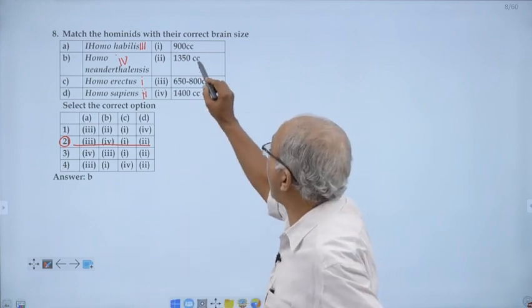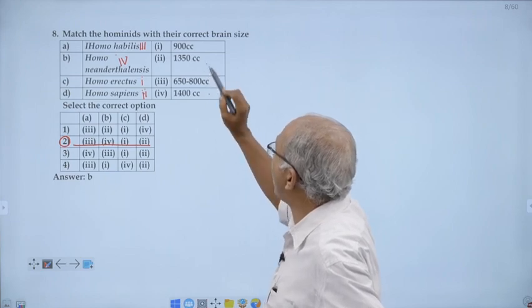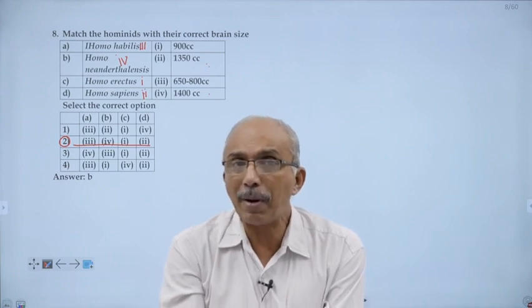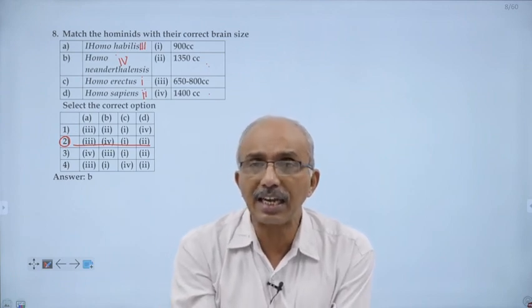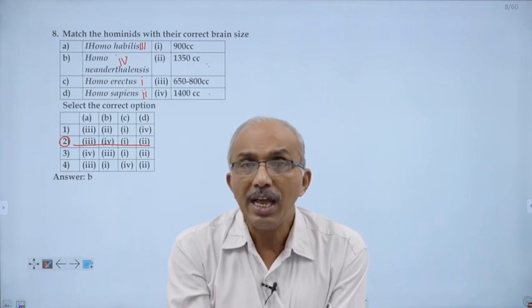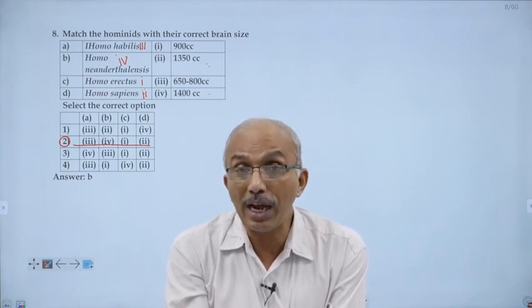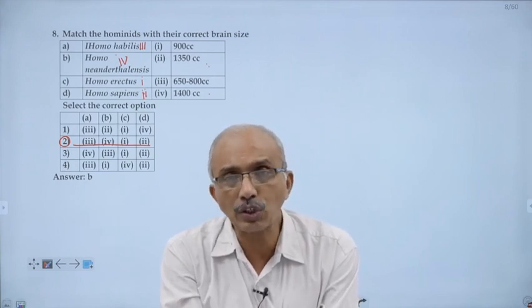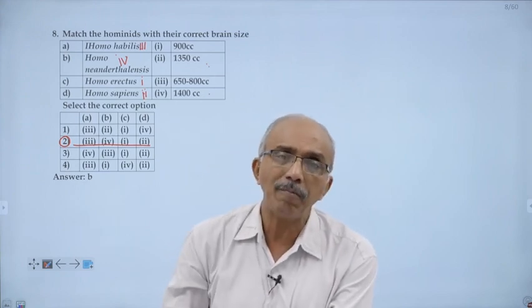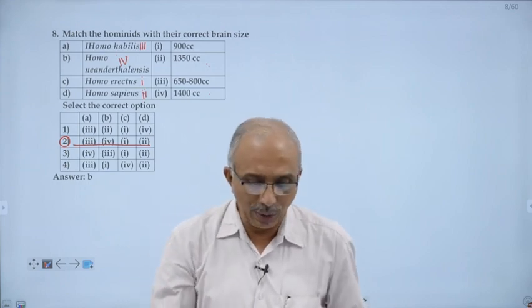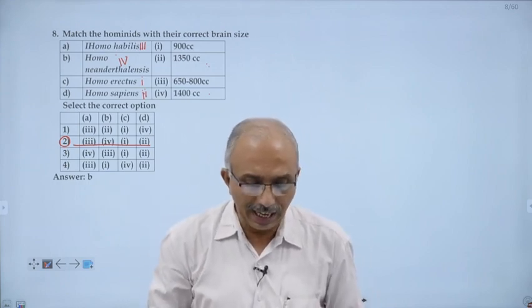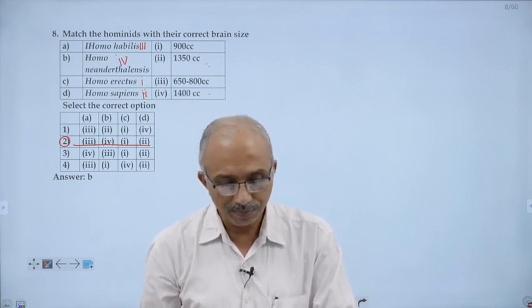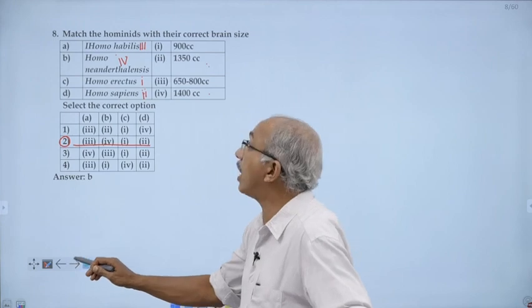Don't bother about this disparity of 50 cc. As I told already, the brain size is indirectly measured by measuring the volume of the cranial cavity. In general, during the course of human evolution, there was a gradual increase in brain size. We move on to question number 9.